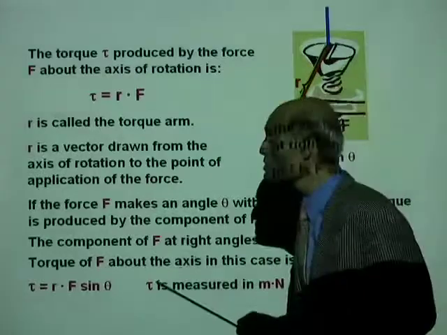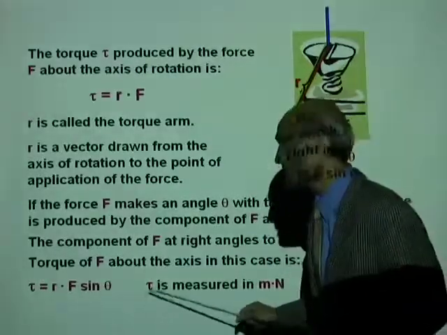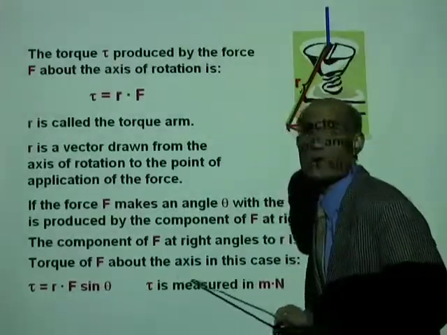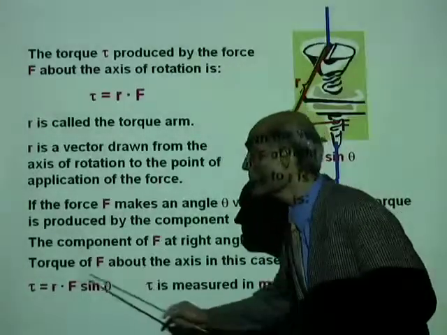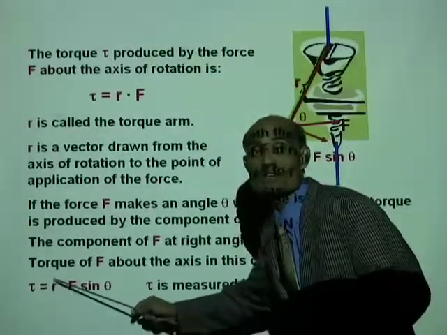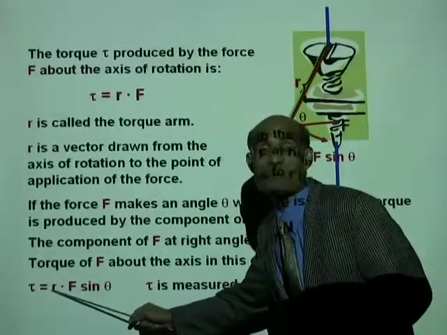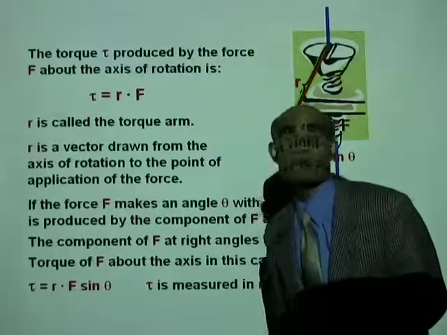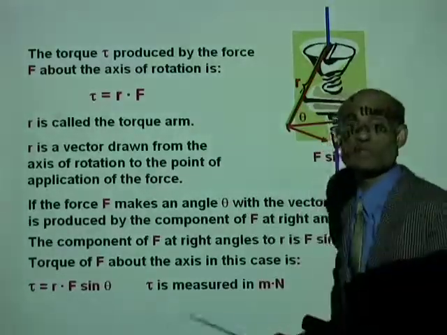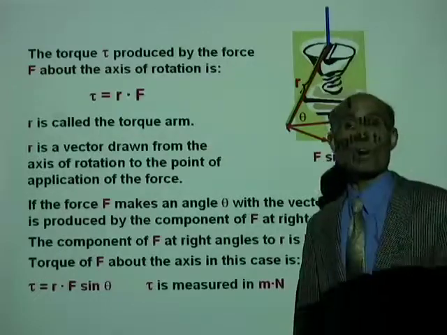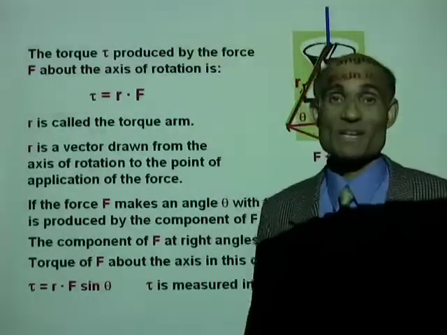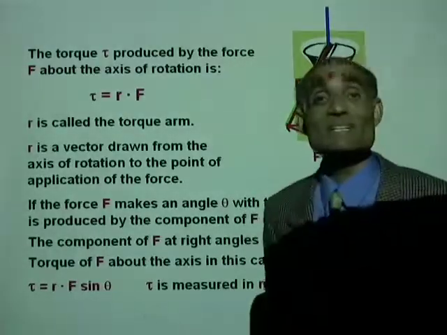So what is the unit for measuring torque? Torque tau is measured in meter Newton. R, the torque arm, is measured in meter and the force is measured in Newton. So torque of a force is measured in meter Newton.